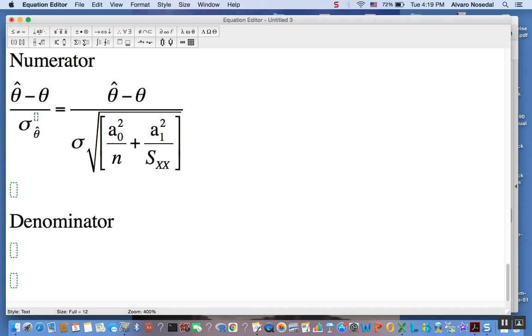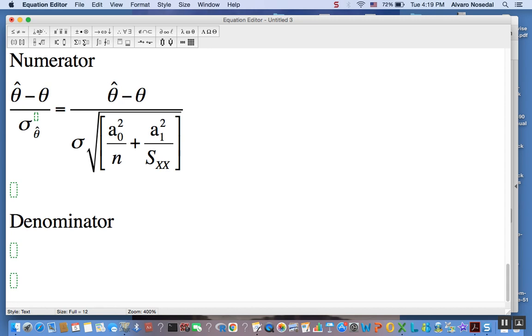It's just the sum of the squares of the residuals divided by n minus 2. We provided a proof that S squared, meaning the sum of the squared residuals divided by n minus 2, is an unbiased estimator of sigma squared.